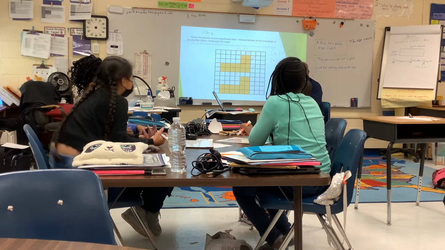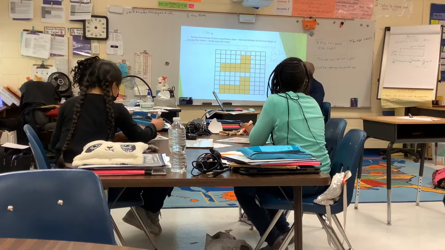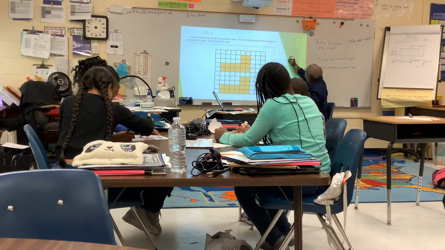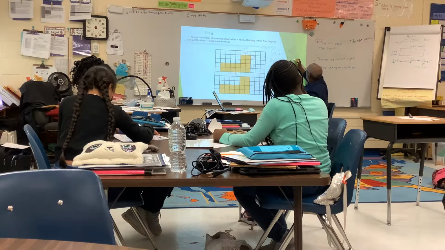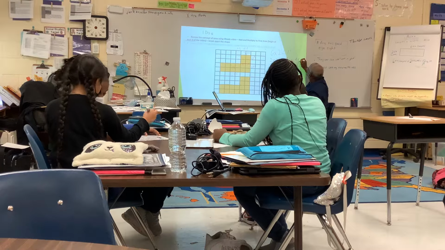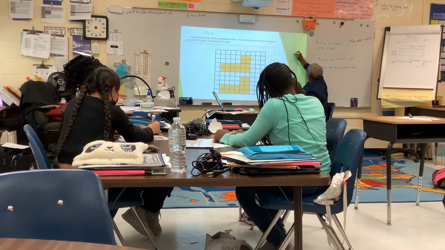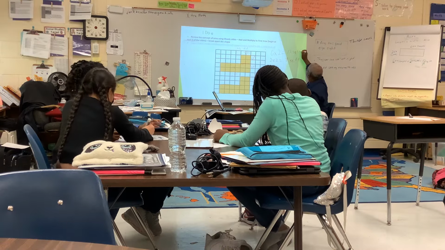Listen. Right, unless you have a question. 2 times 2 equals what? 4. So this is 4 square feet. And this is 12 square feet.